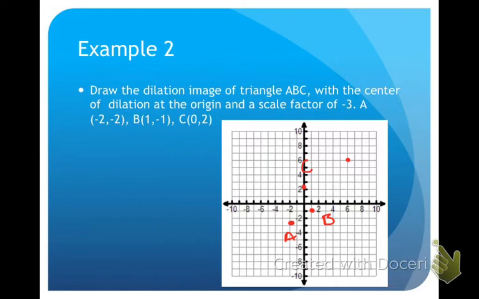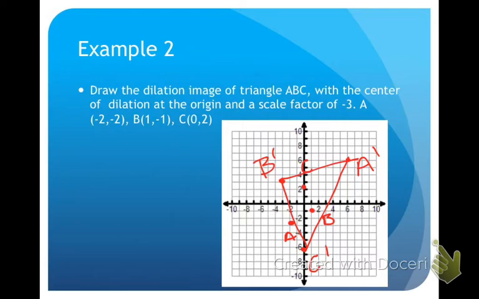And then 0, 2 becomes 0, -6. Connect those. Good to have a ruler when you do this. So it's both flipped and gotten bigger.